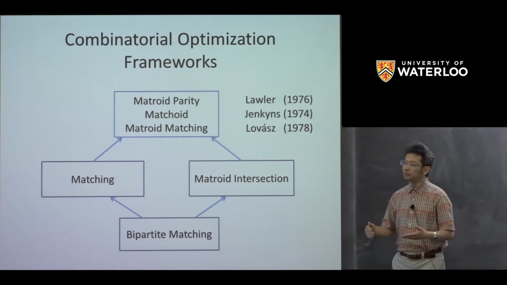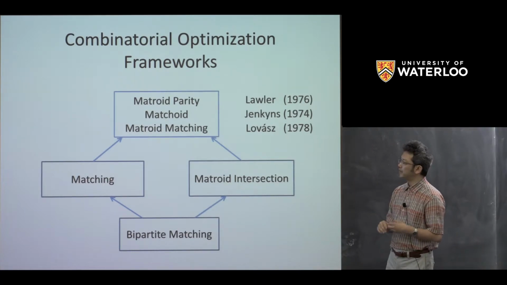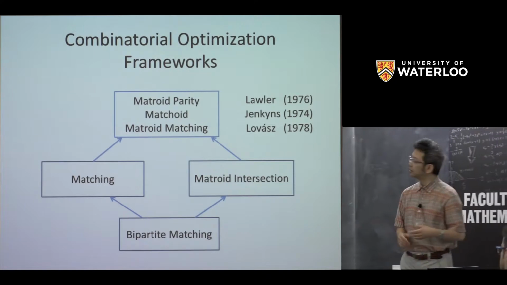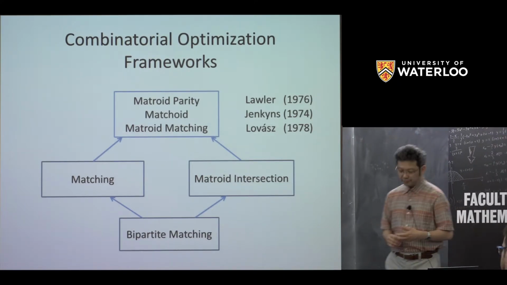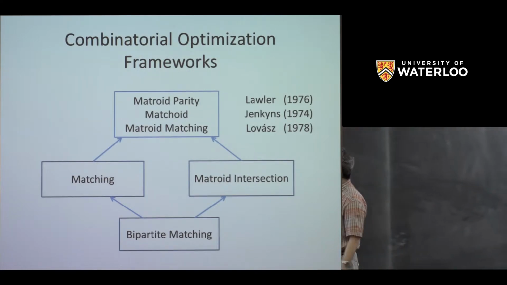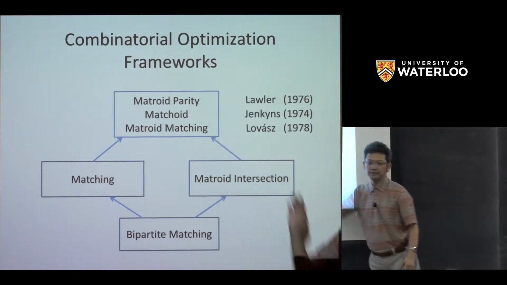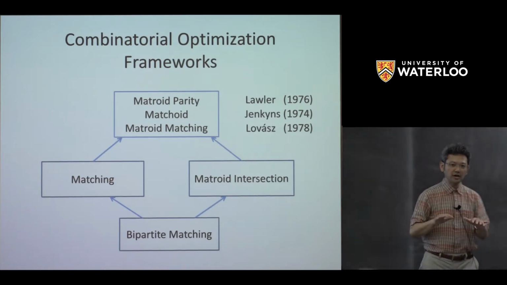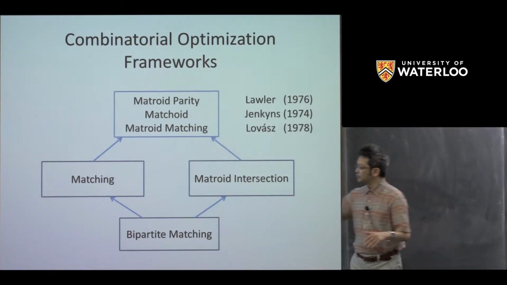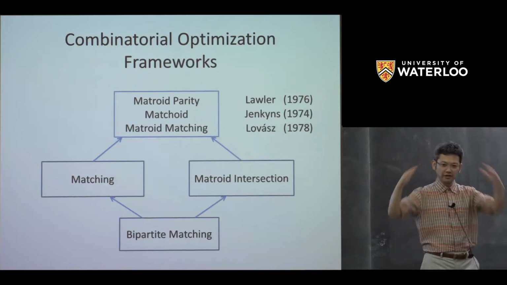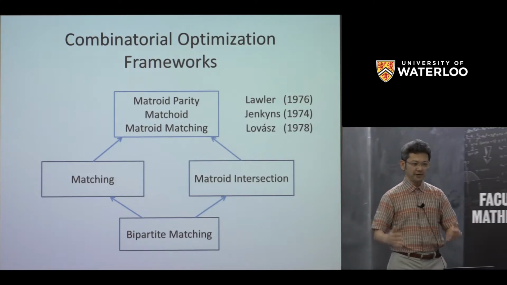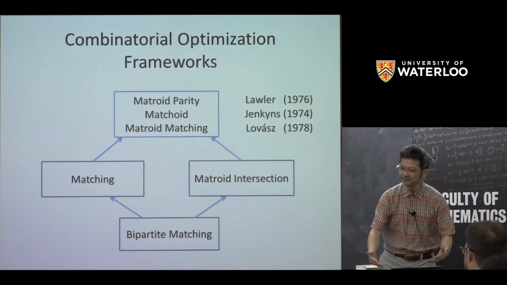So in this talk, I will mainly focus on the framework of matroid parity due to the simplicity of its presentation. Now, if we could solve this efficiently, then we could understand all these beautiful worlds under one umbrella. But actually, life was not so easy, and also interesting, even more.